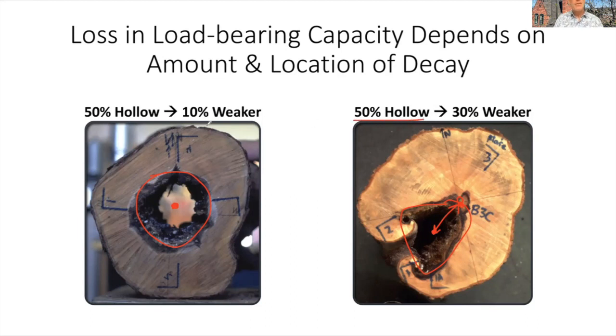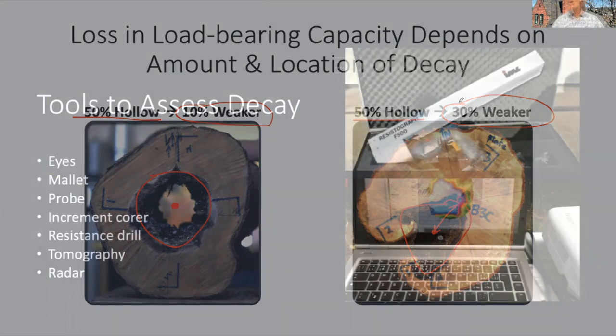So this is 50% hollow, 50% hollow, both images. The concentric decay results in a 10% loss in load-bearing capacity. But when the decay is off center, even if it's the same amount, it's a 30% loss in load-bearing capacity. So decay influences likelihood of failure because it's reducing load-bearing capacity, and that depends on both the amount of decay and where it's located in the cross-section.